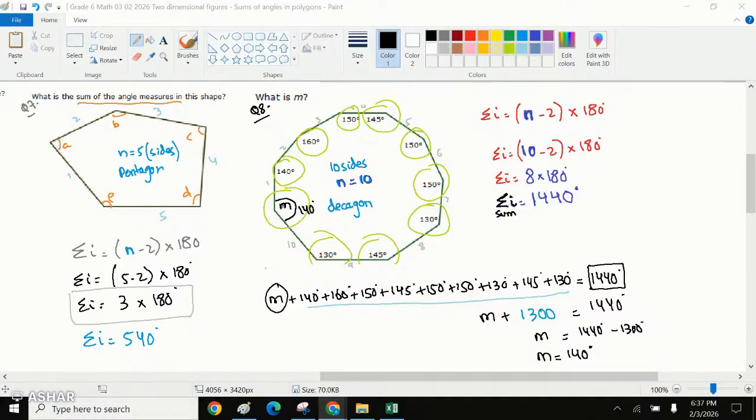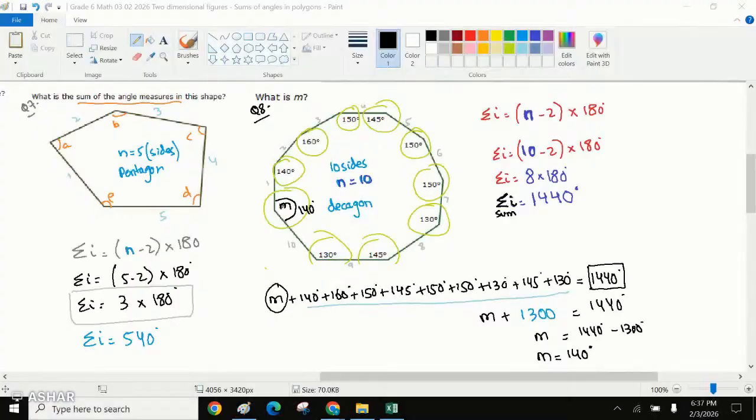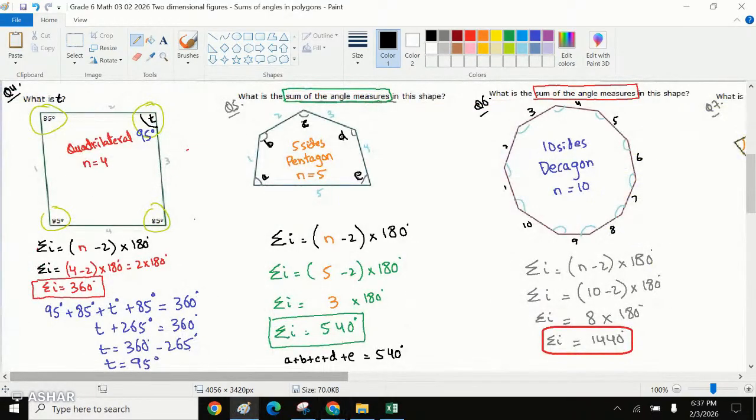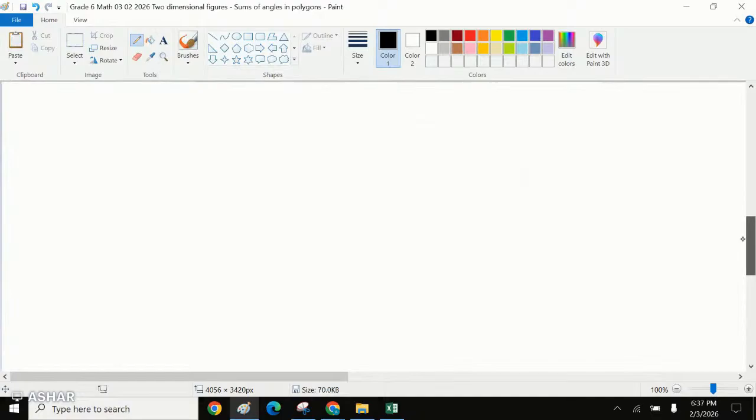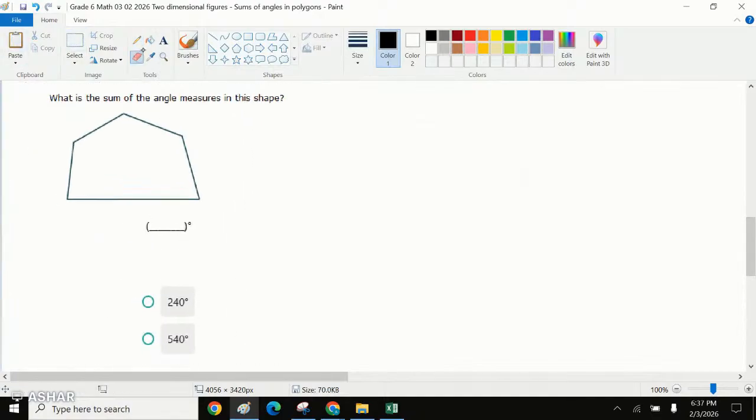For question number 1 from the test, it says, what is the sum of the measure of the angles of this given shape? Okay, I'll just copy this. If this was the first question given to us, can we have the answer quickly? Option A or option B?